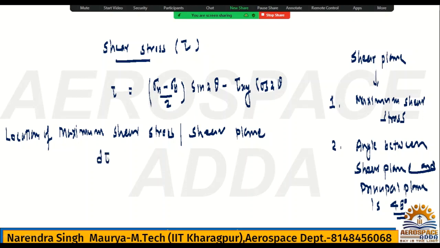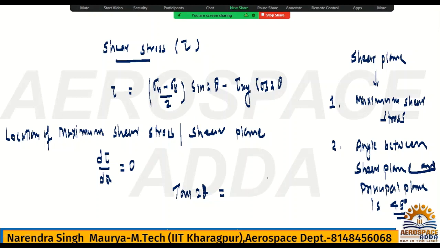Simple, dou tau divided by dou theta, make it equal to 0. If you differentiate and make it equal to 0, the derivative of sine 2 theta is cos 2 theta into 2, and similarly the derivative of cos 2 theta is sine 2 theta into 2, and you solve it, then you will get tan 2 theta. It's a simple derivation, you can do it on your own also.